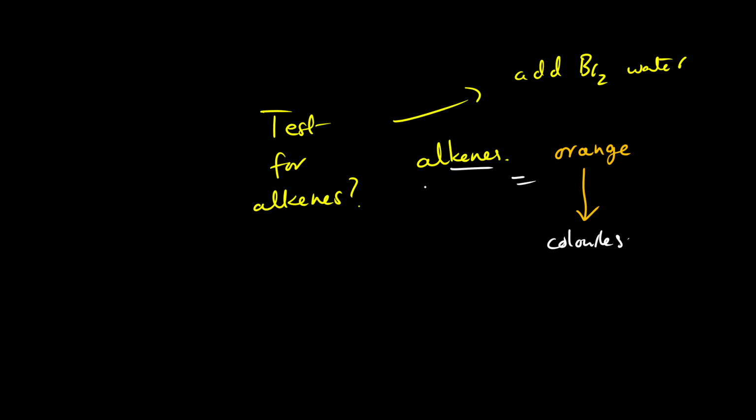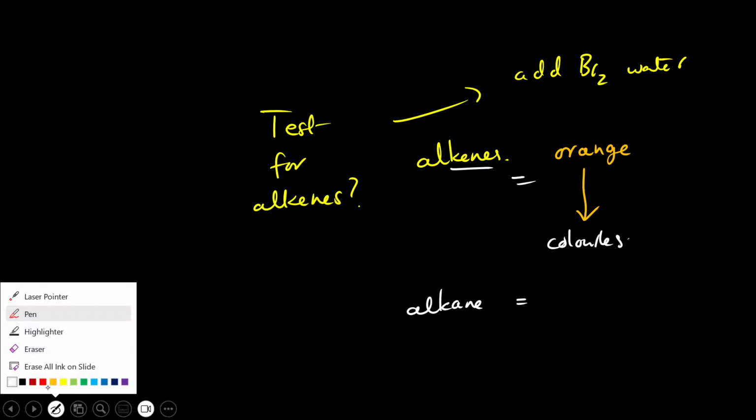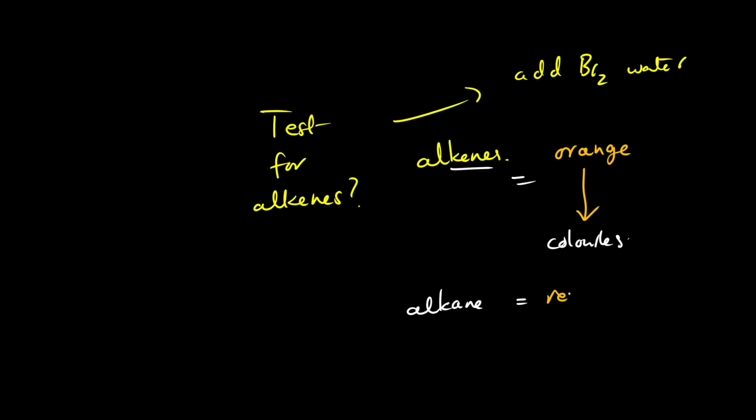That's if you have an alkene, whether it's ethene, propene, or butene. But from an alkane point of view, there's no visible change. It remains orange. And that's that.